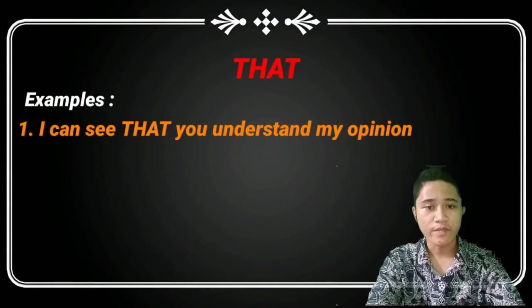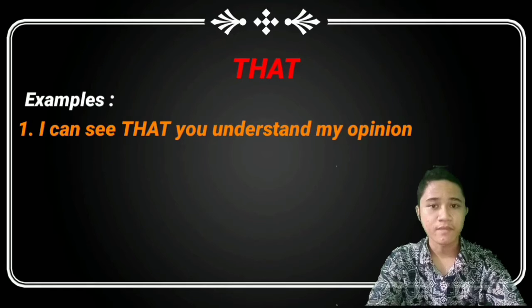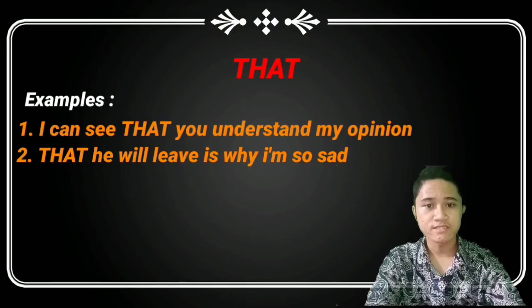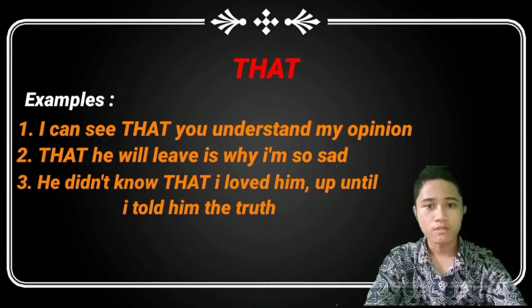That you understand my opinion uses the noun clause marker that, and the subject is I and the verb is can see. The second example: That he will leave is why I'm so sad. That he will leave uses the noun clause marker that. And the last example: He didn't know that I love him until I told him the truth. That I love him uses the noun clause marker that.